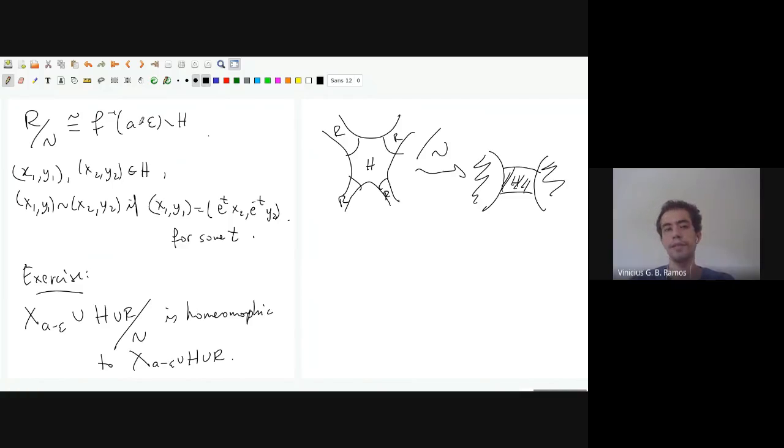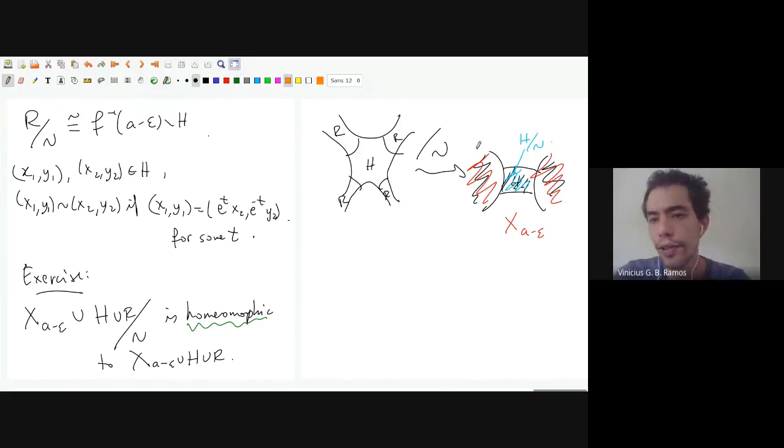So this part here, this red, is X_(A minus epsilon), and this part here is your H quotiented by the equivalence relation. Again, if you want to concentrate on the case k equals 1, n equals 2, that's completely fine. And I'm saying homeomorphic because this union here has a corner. But up to a homeomorphism, the homeomorphism doesn't care about the corners.